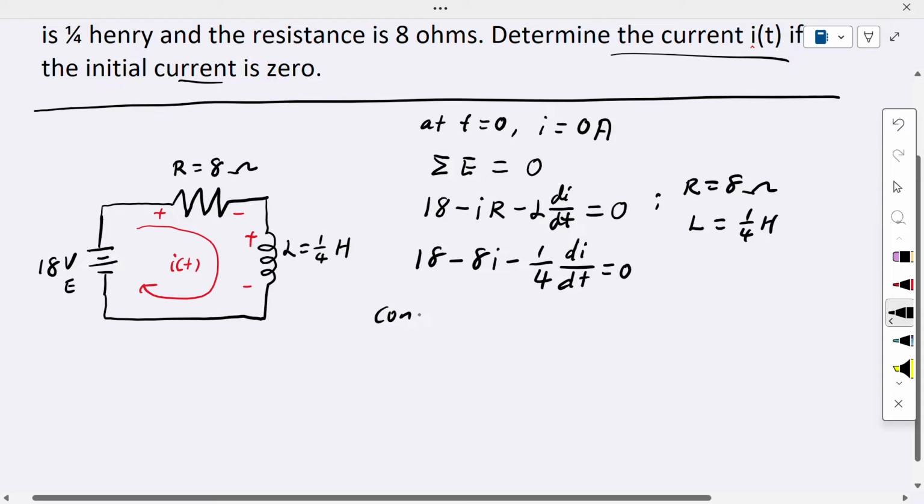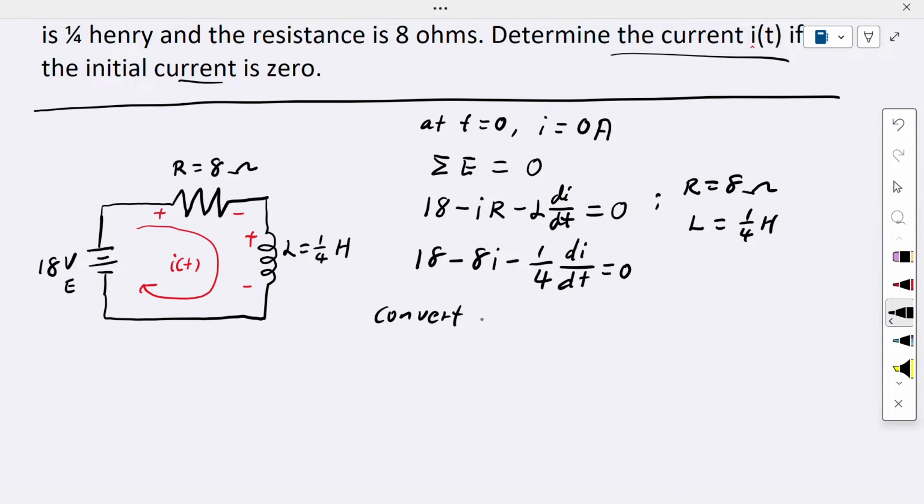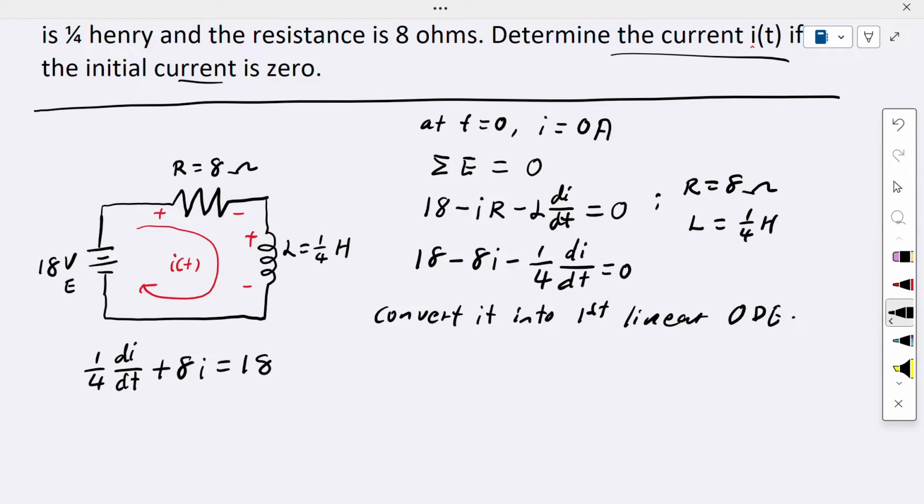So we're going to move this dI/dt to the left, so we have 1/4 dI/dt plus 8I equal to 18.